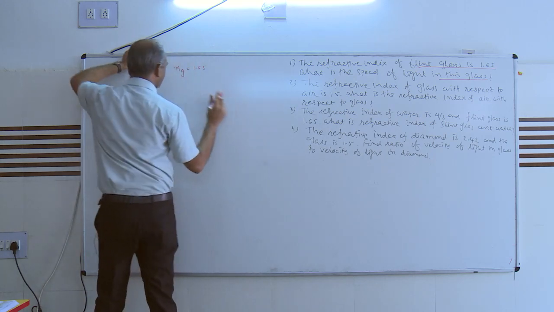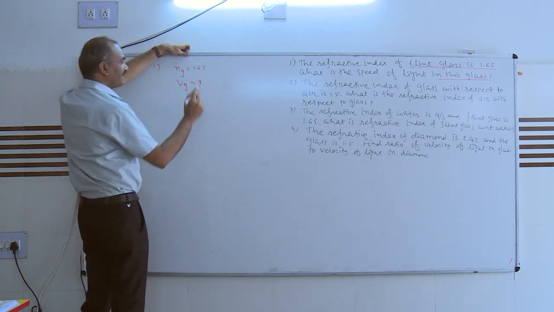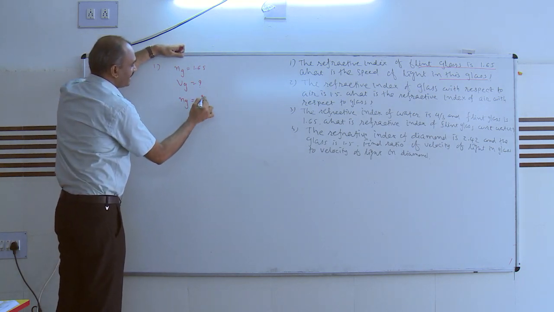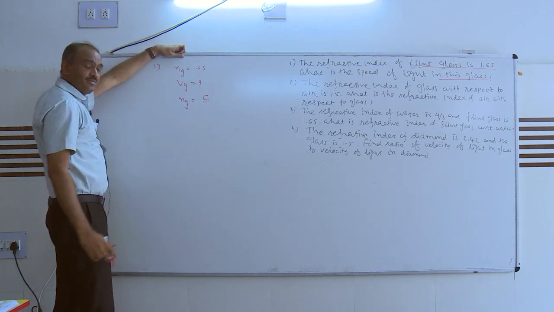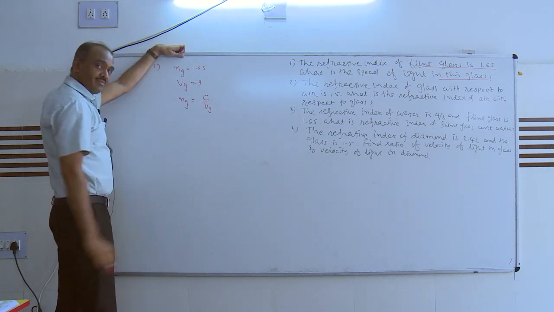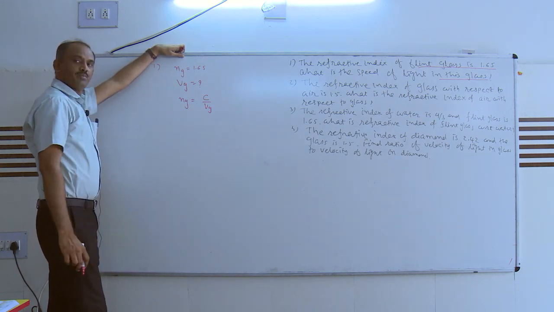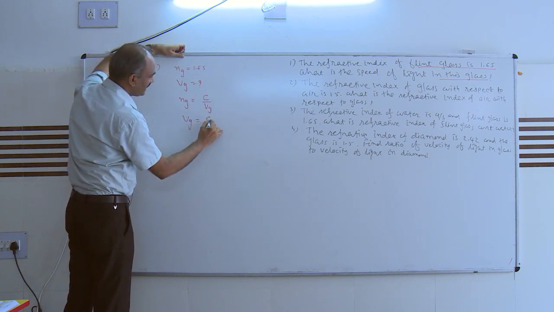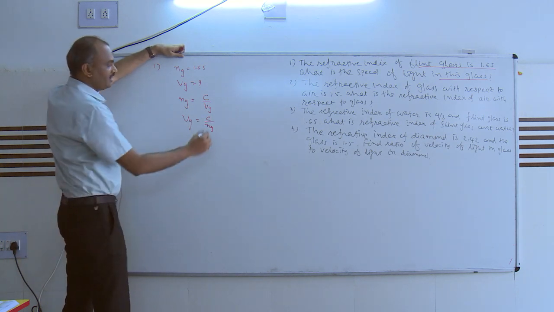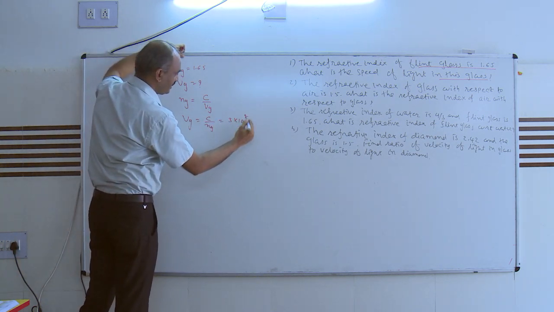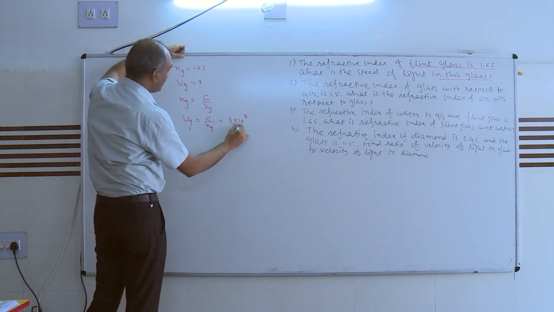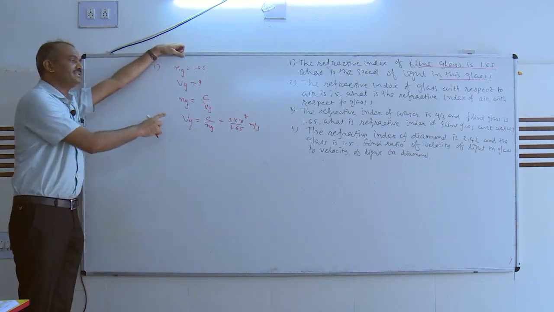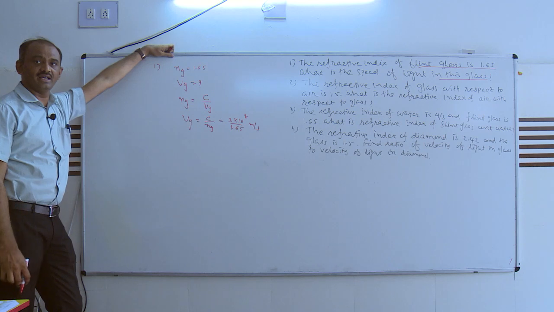We have to find the speed of light in glass. We have a formula: refractive index is the speed of light in vacuum upon the speed of light in the medium. So Ng is equal to C upon Vg. Now we have to find the value of Vg. So Vg is C upon Ng, and the value of C we know is 3 into 10 to the power 8 meter per second, upon the value of Ng, which is 1.65. So this gives the speed of light in glass in meter per second.